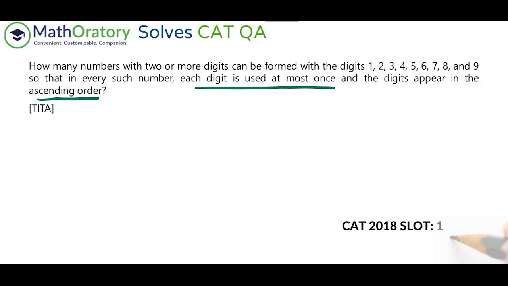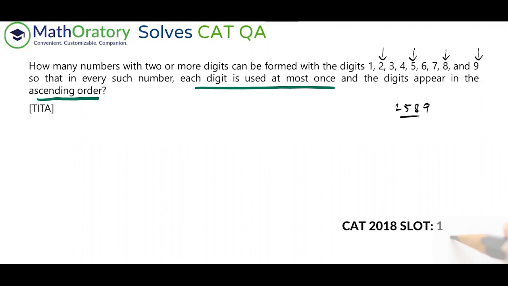These kinds of questions we have done in our lessons, but I'll explain that idea once again. Suppose you select a specific set of digits. Let's say you select the 2, the 5, the 8, and the 9. If you have made this specific 4-digit selection, there is only one number we can make in the given constraint. In ascending order, the only number you can create is 2589.